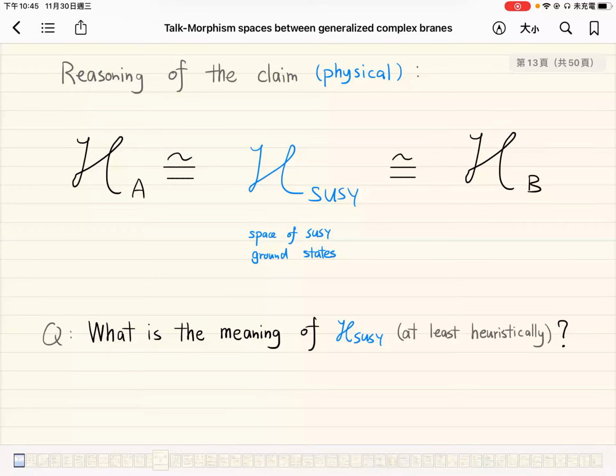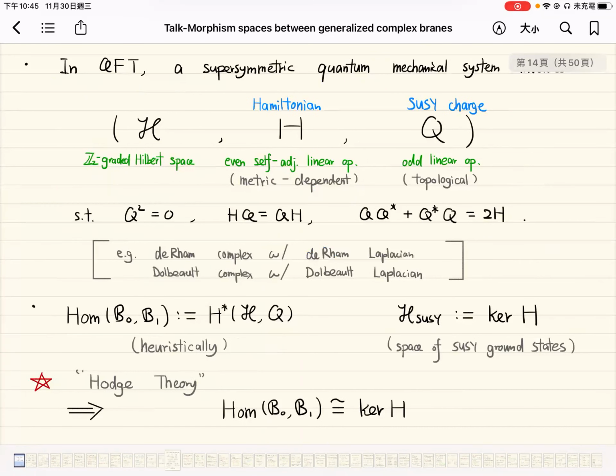So we need to go back to the story of general quantum field theory. In a quantum field theory, for example the 2D sigma model, if you want to define the morphism space between two branes, then you may think of a supersymmetric quantum mechanical system because we have supersymmetry here.